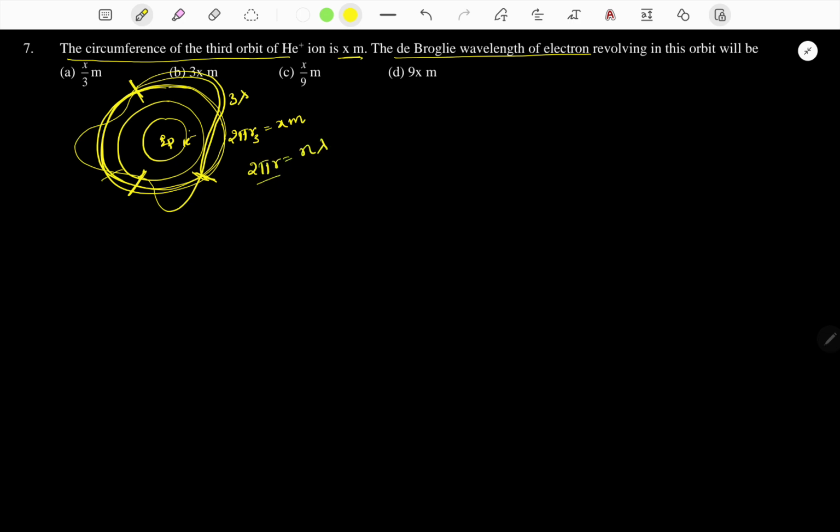The circumference of the orbit equals an integral multiple of the wavelength. First orbit has 1 wave, second orbit 2 waves, third orbit 3 waves. And this 2 pi r is right now x meters, and for the third orbit 3 lambda. Therefore lambda is equal to x by 3.